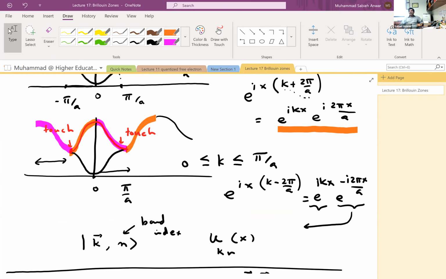But having gaps is sometimes nice because you would like to either have insulating properties or you would like to have an optical response which is carefully engineered. So if you want to have an LED that is emitting blue light, you need to have a carefully constructed gap so that blue light can be emitted. So you can have zero gaps, and you can have bands touching one another.